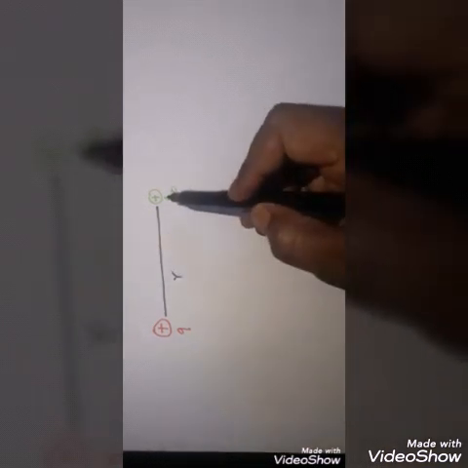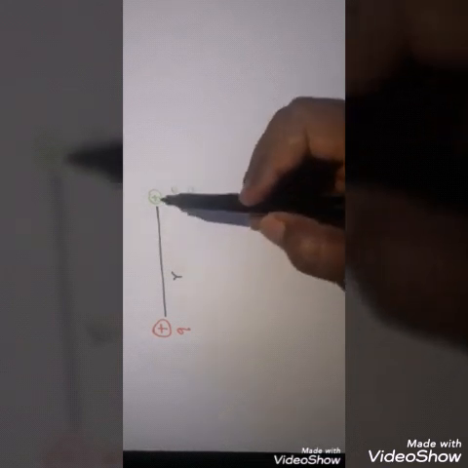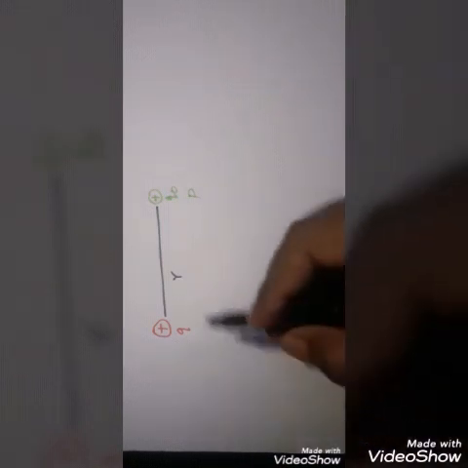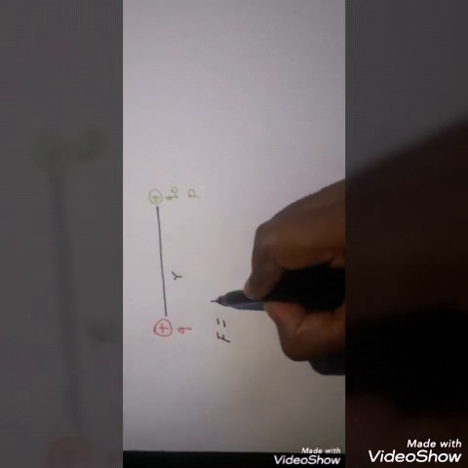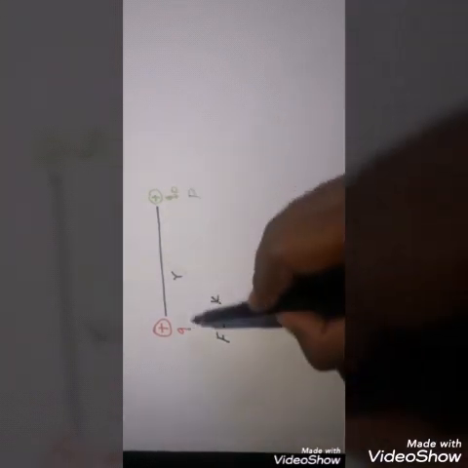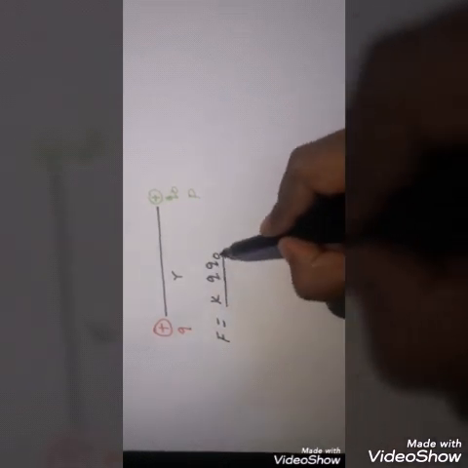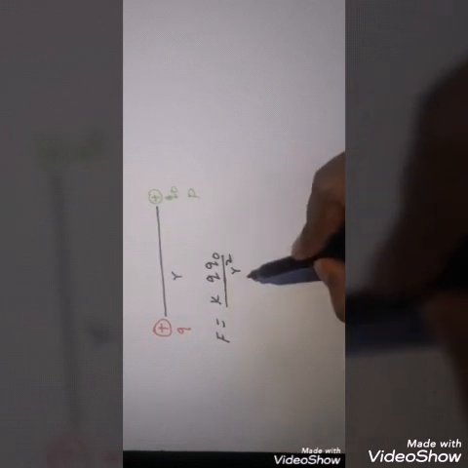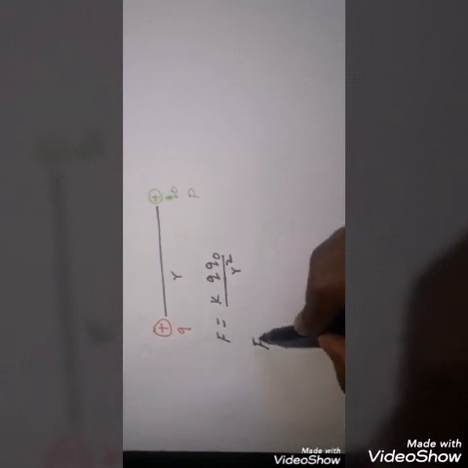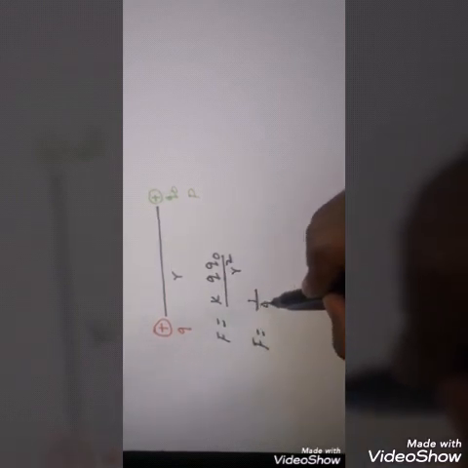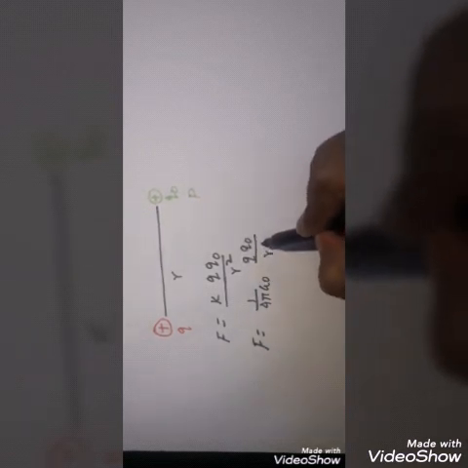F is equal to K, the product of the charges Q and Q0, and inversely proportional to the square of the distance between them, R square. We know the K value, so F is equal to 1 by 4 pi epsilon naught Q Q0 by R square.